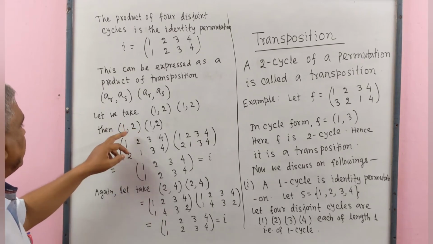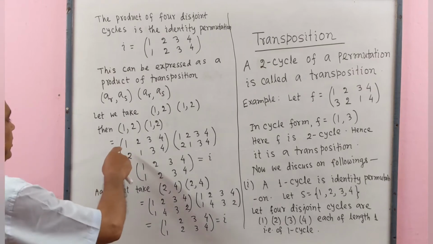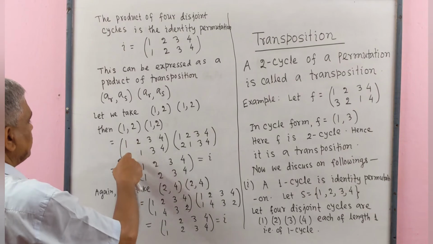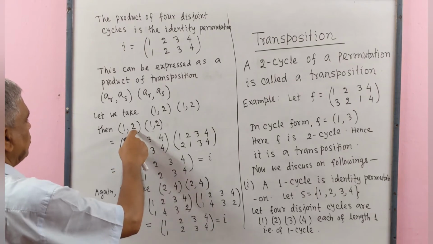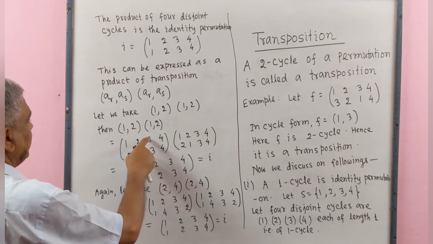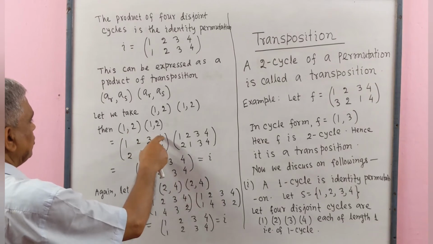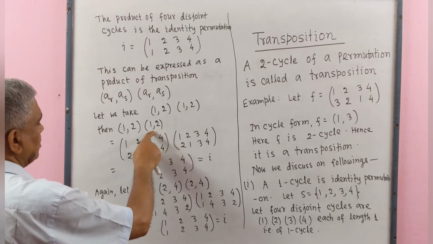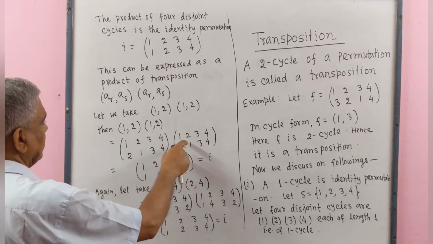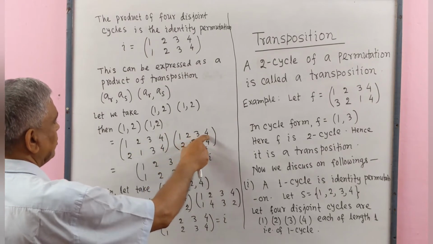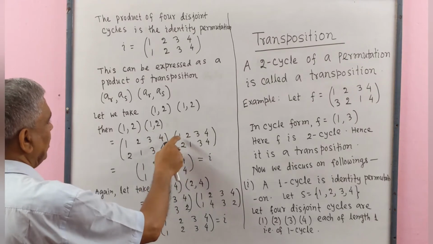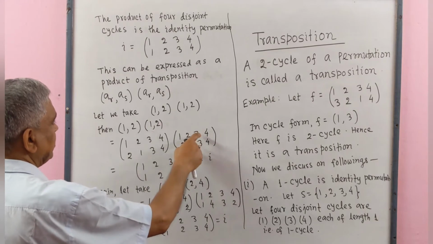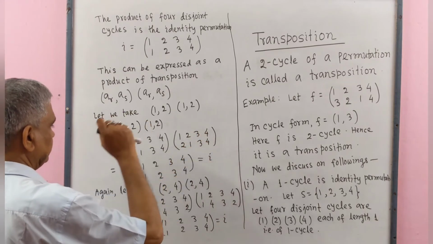We write this in the form of permutation. Here we write 1, 2, 3, 4. Image of 1 is 2 and image of 2 is 1. Remaining image of 3 is 3, image of 4 is 4. We also write this cycle as permutation in the same way: 1, 2, 3, 4, with image of 1 is 2 and image of 2 is 1, image of 3 is 3, image of 4 is 4.